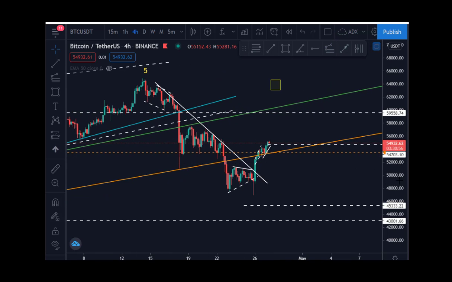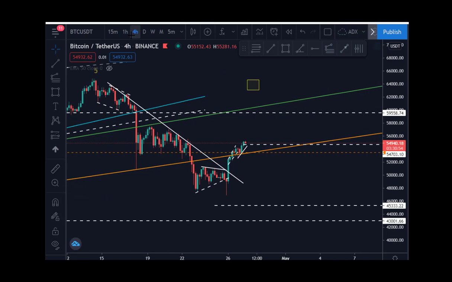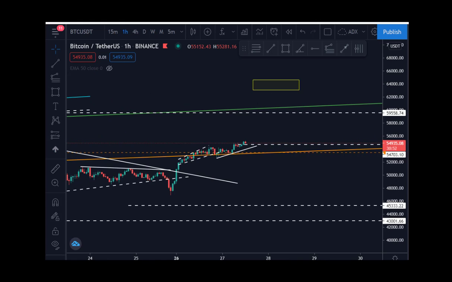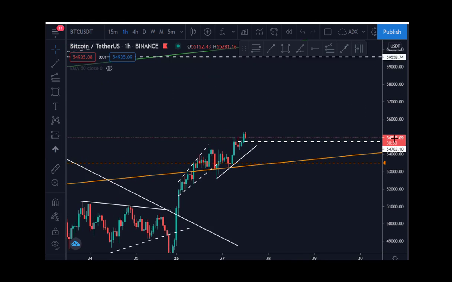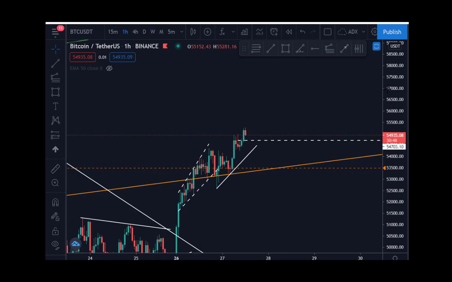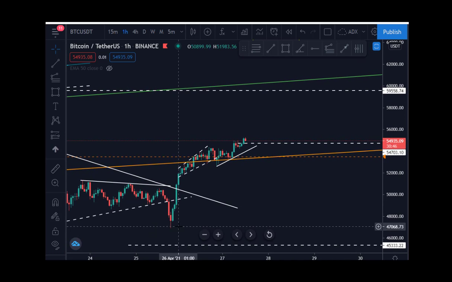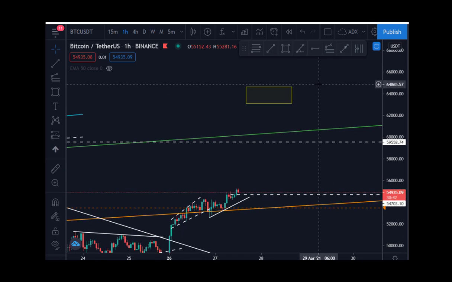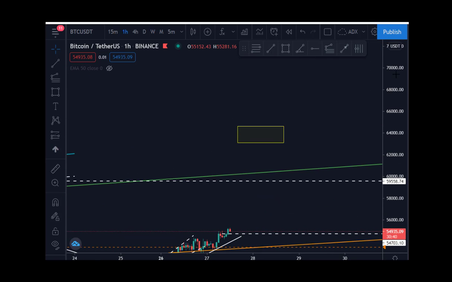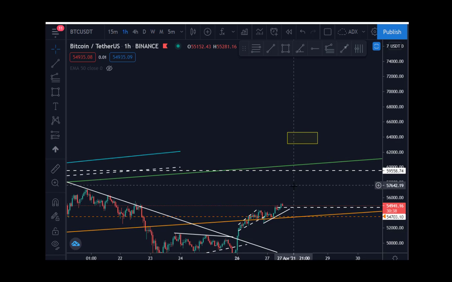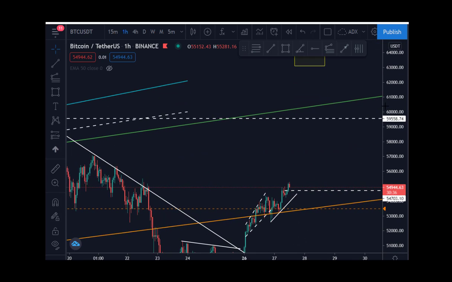So better buy some Bitcoin now if you believe in it, because we know that the bulls are back. Waves 1, 2, 3 are always very parabolic, and we might see correction here, and we're heading to wave 5. So pay very good attention to what Bitcoin is doing.